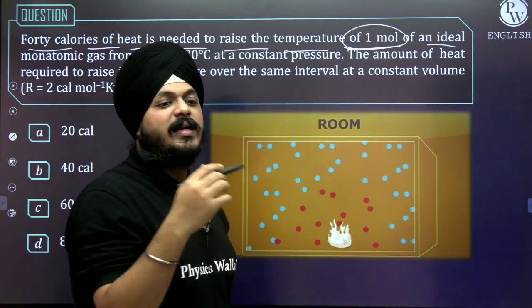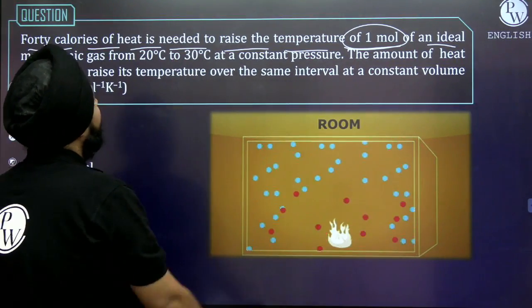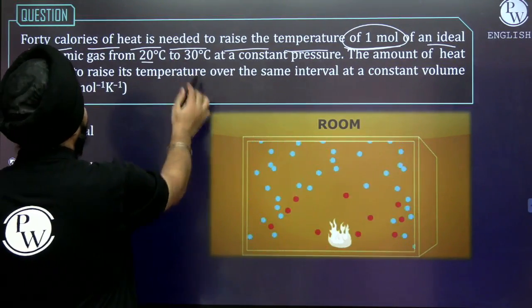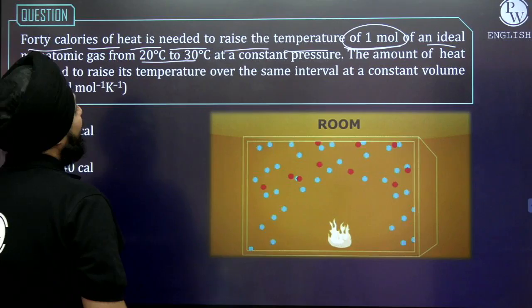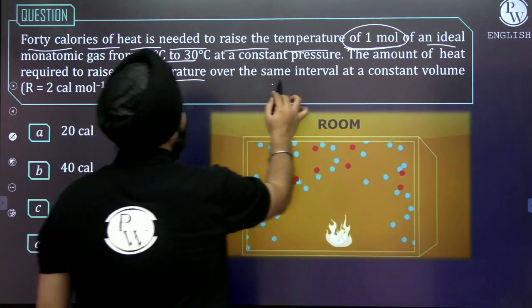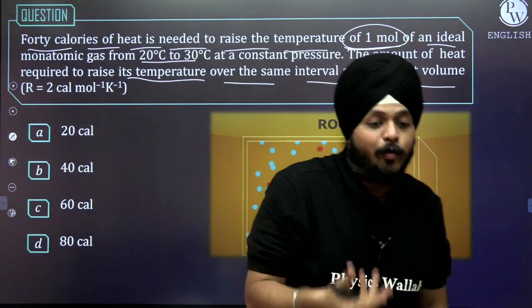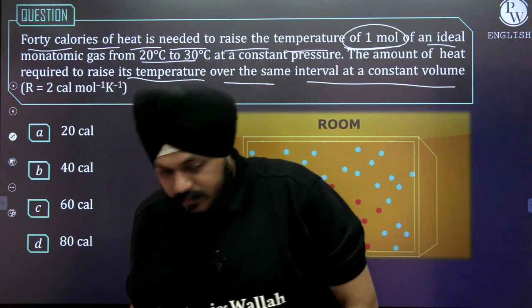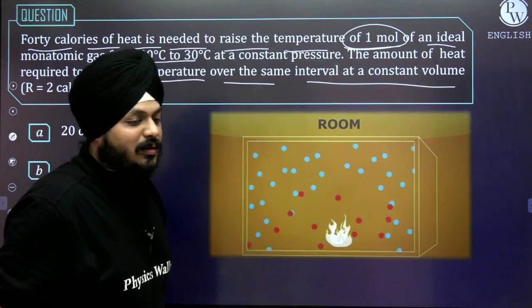In this cube, let us take an example: 1 mole of ideal gas is present. 40 calories of heat is needed to change its temperature from 20 to 30. Then what is the amount of heat needed to raise its temperature over the same interval at constant volume?